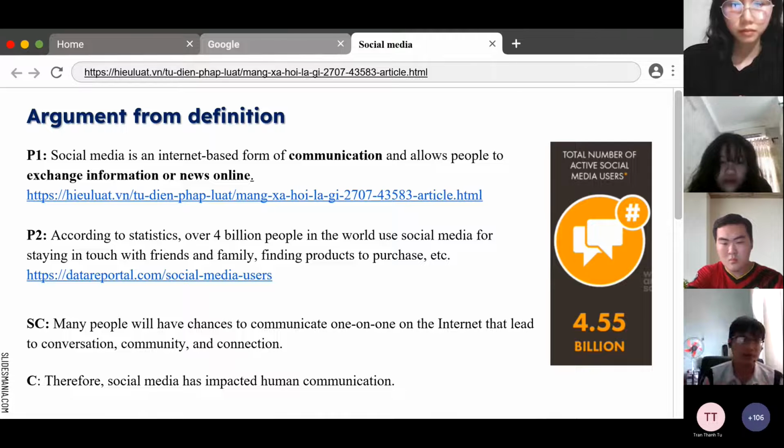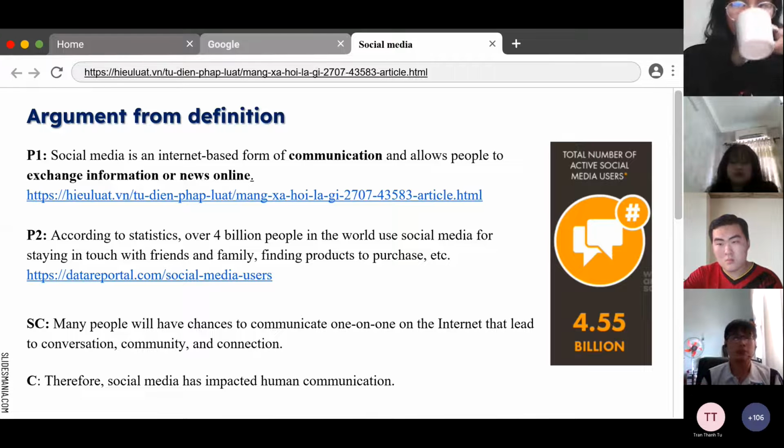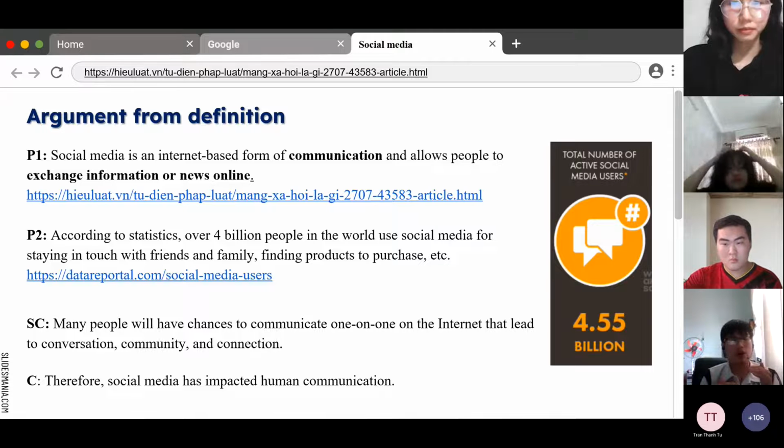According to the research, over 4 billion people in the world use social media for staying in touch with friends and family, finding products to purchase, and so on. This means many people have an opportunity to communicate on the internet, and as a result, social media has impacted human communication. Next, my partner will present in more detail.